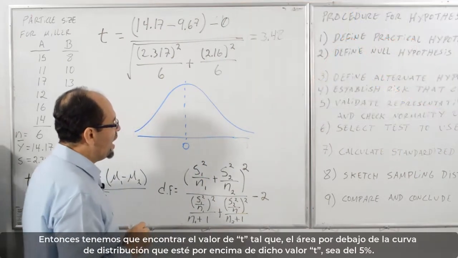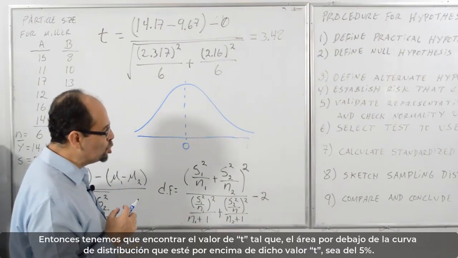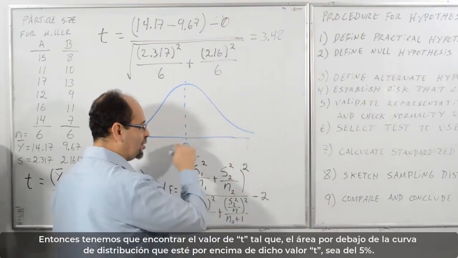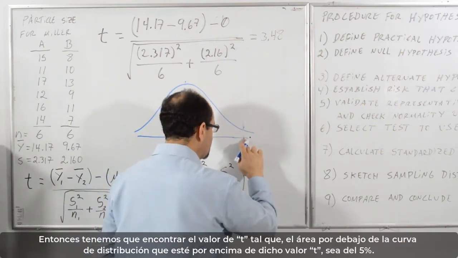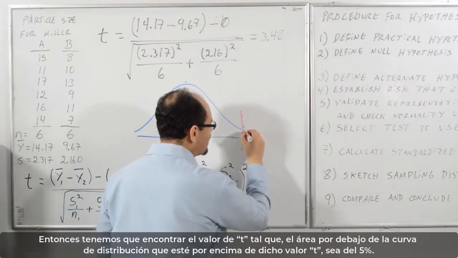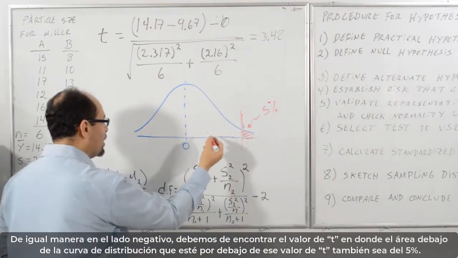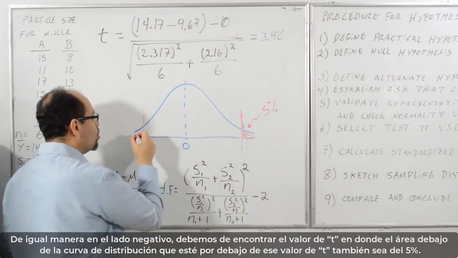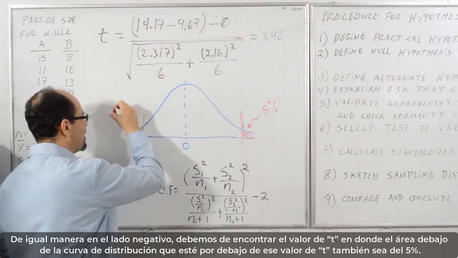For this distribution, I have to identify at what value of t the area of the distribution greater than that value will be 5%. I also have to find at what value of t, negative t in this example, the area below is 5%.